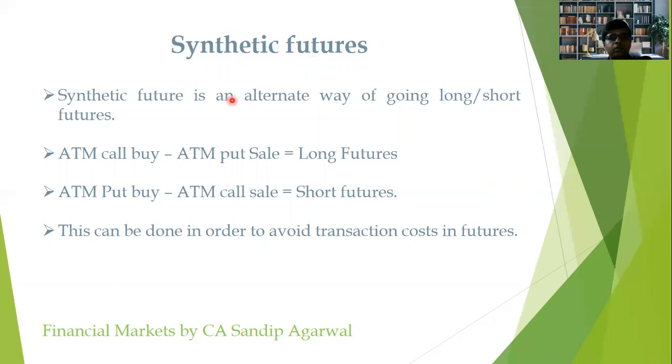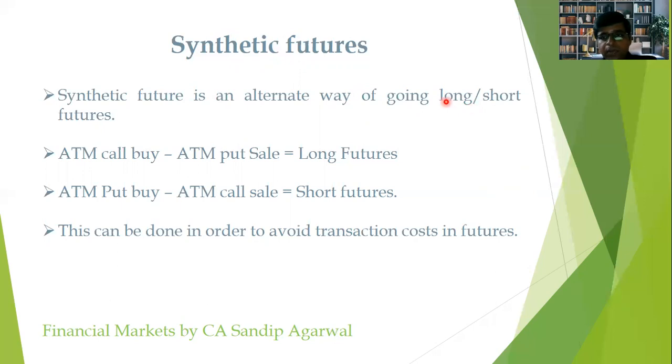So synthetic future is basically an alternate way of going long and short futures. Now, if somebody is bullish on the Nifty underlying instrument, the person can make money in three ways.